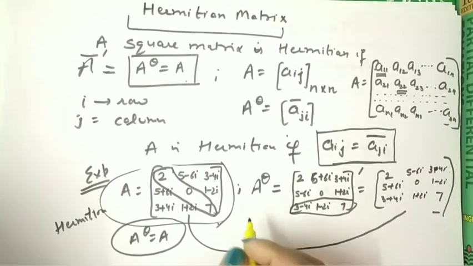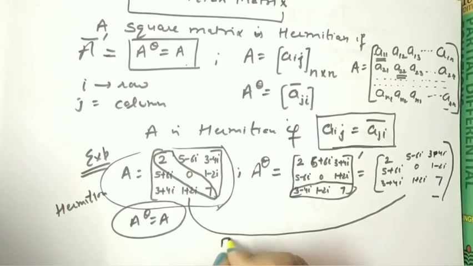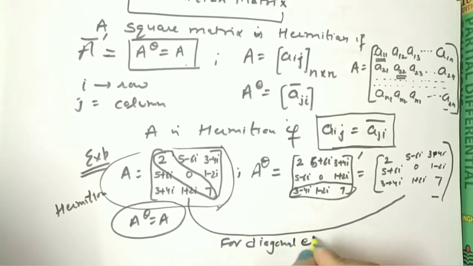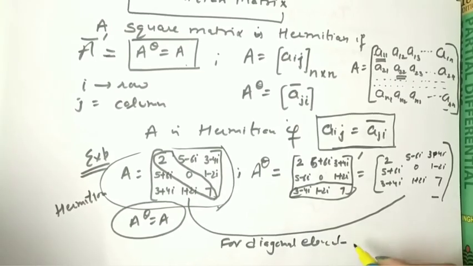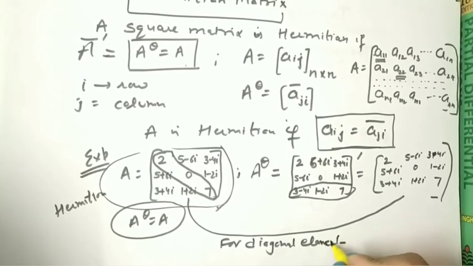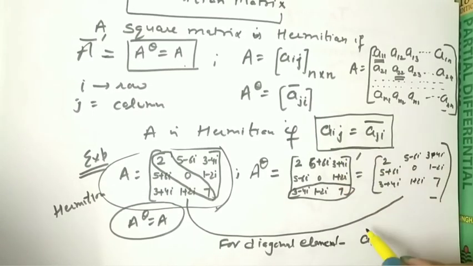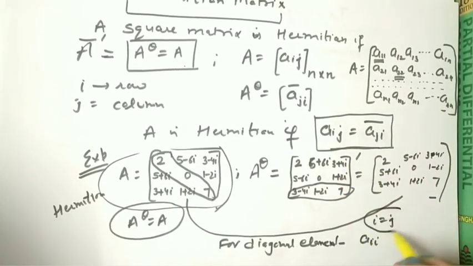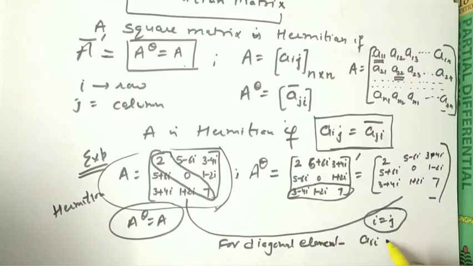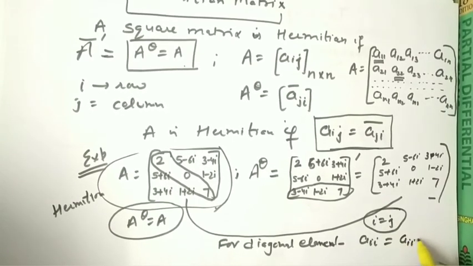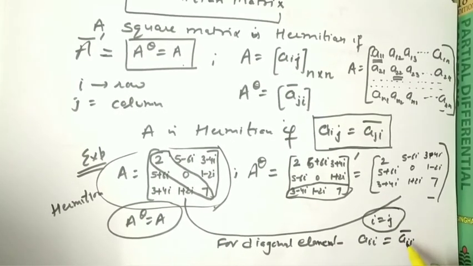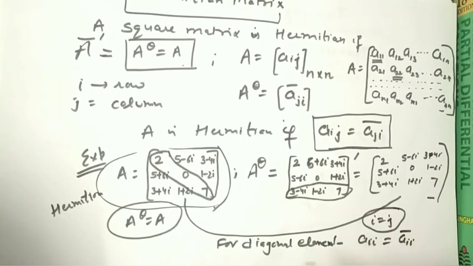So for diagonal elements, if we want to check the condition, j will be i, since i is equal to j for a diagonal element. So a_ii is equal to the transpose conjugate of a_ii, so both of these are equal. What is the condition?